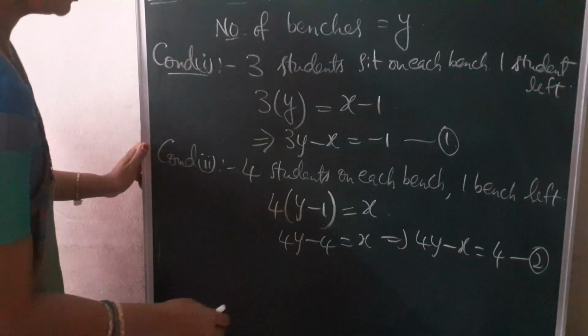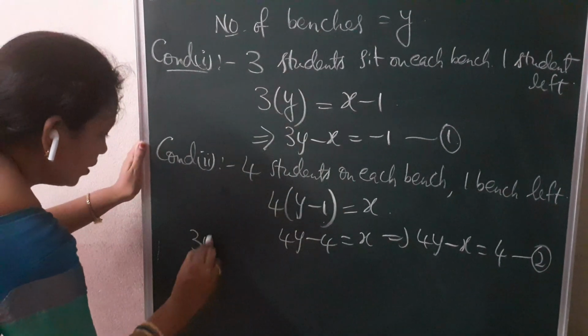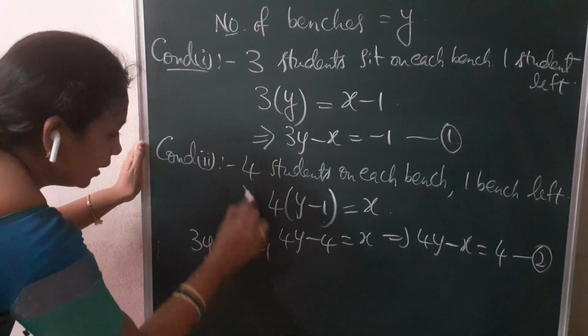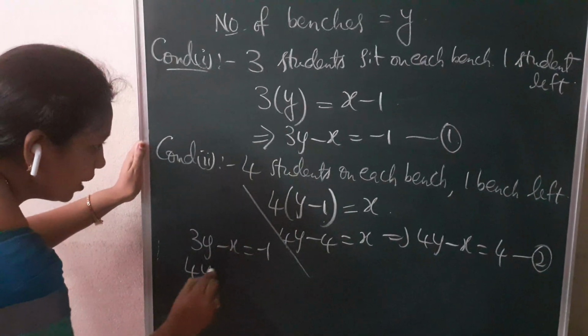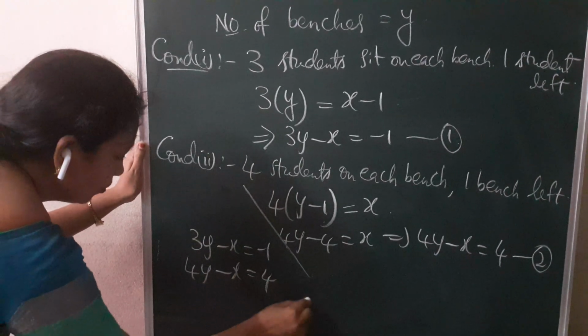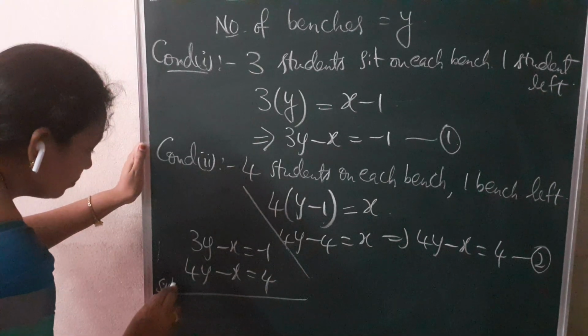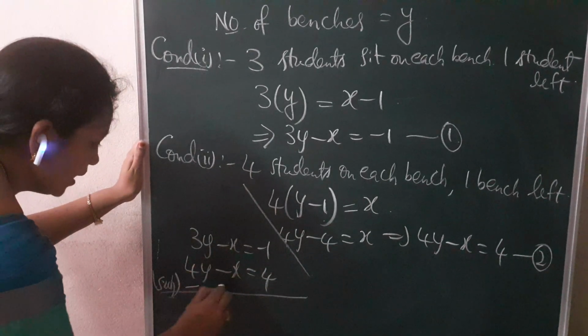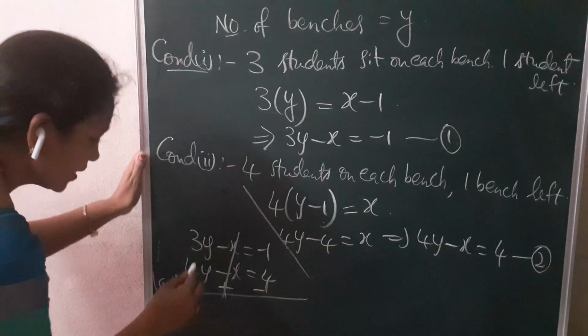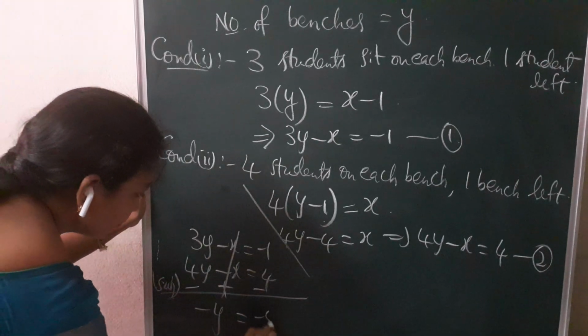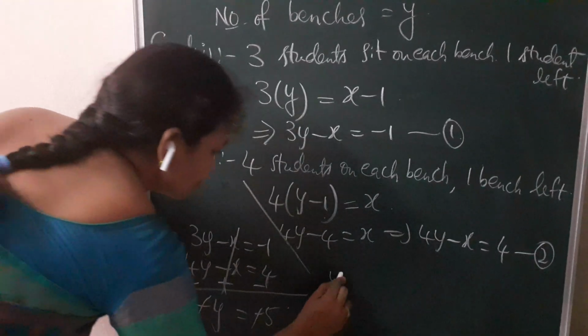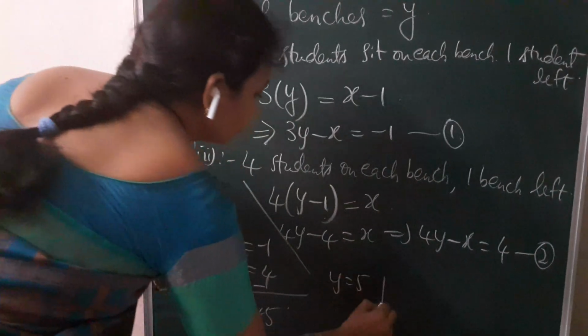Then solving those two equations, 3y minus x is equal to minus 1 and 4y minus x is equal to 4. By subtraction, because the symbols are the same, the minus x and minus x get cancelled. Minus y is equal to minus 5. So y is equal to 5.